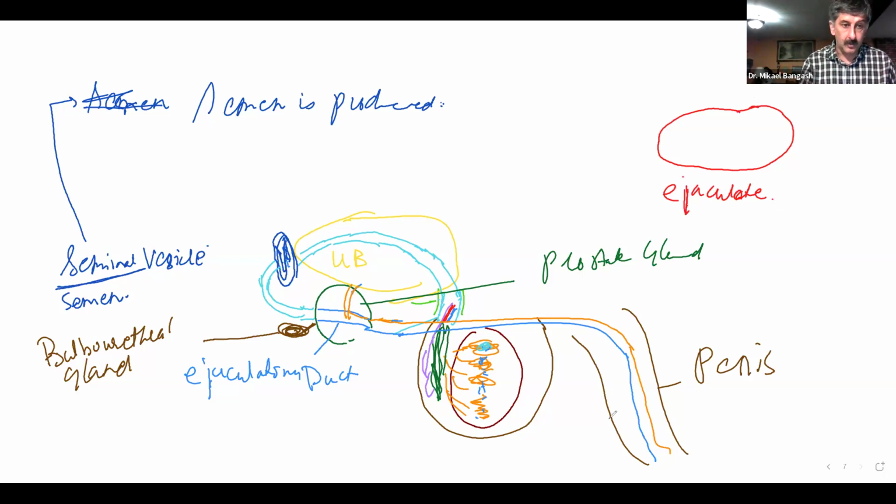Now we say there are going to be 500 million sperms in that, but the rest of the ejaculate is mainly going to be semen, because the sperms in the ejaculate need a medium in which they will be able to swim. And that's going to be semen.